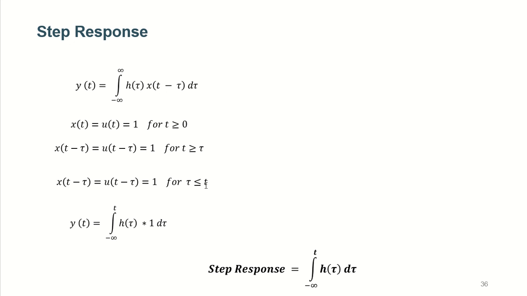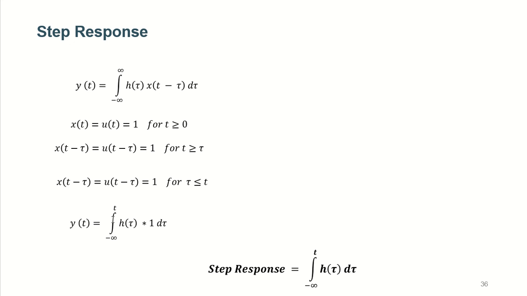And this time we will put this value of x of t minus tau from this equation into this equation and see what we get. So let's put this value, which is basically 1, into this equation. We will get y of t equals minus infinity to, since we are considering tau less than or equal to t, which means you cannot go till infinity, you can only go till the value of t, right?